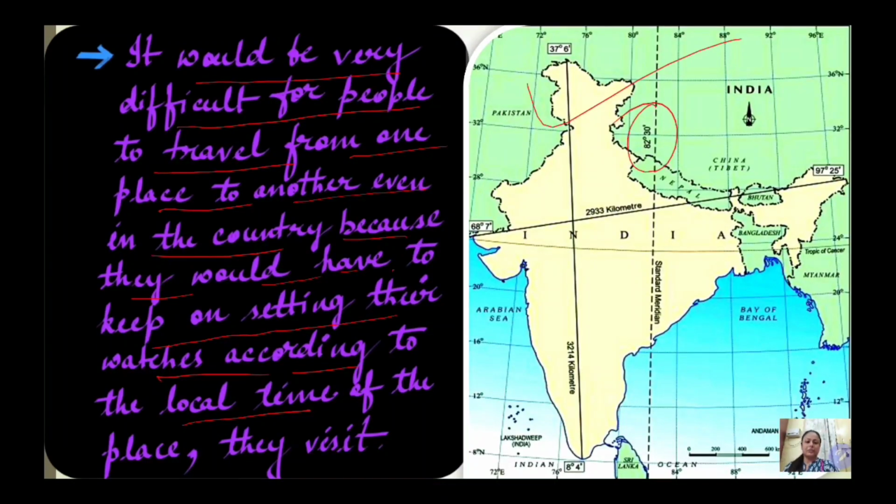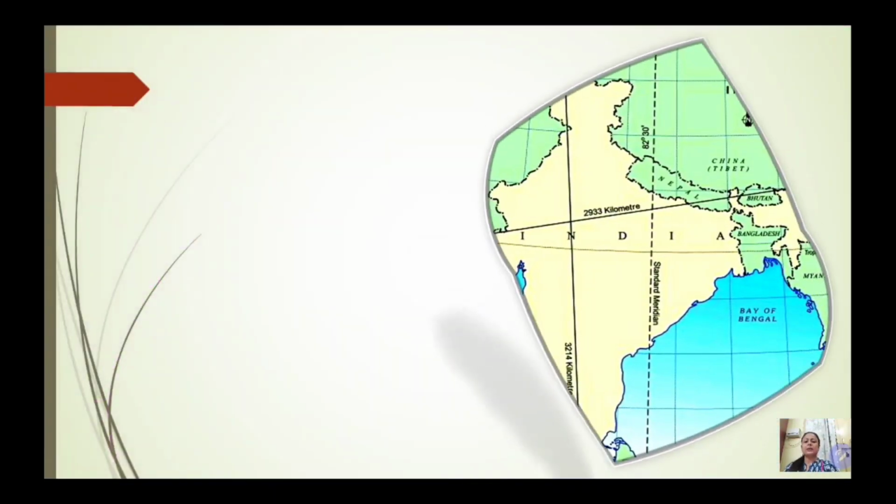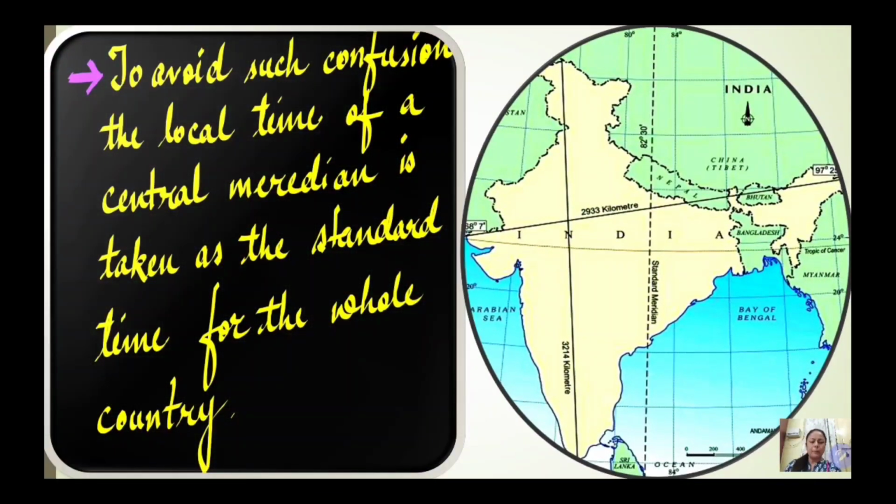They follow standard time. They do not follow their local time to avoid confusion. So students, this was the concept of standard time. Now to avoid the confusion of local time, central meridian is taken as the standard time for the whole country. So this is the standard meridian, and the local time of this meridian is the standard time of the country.